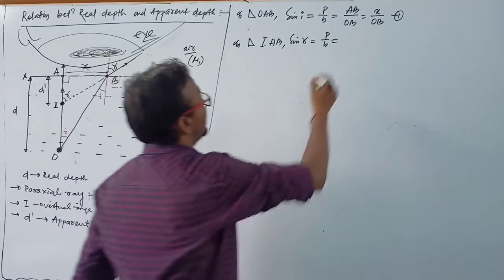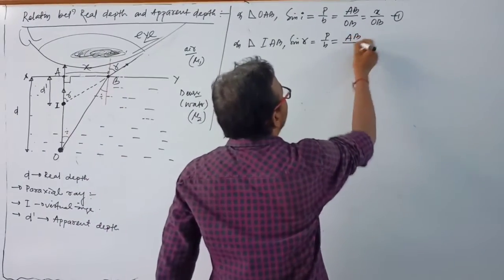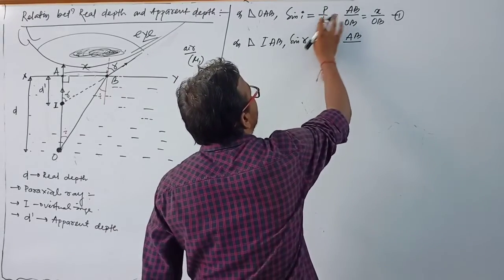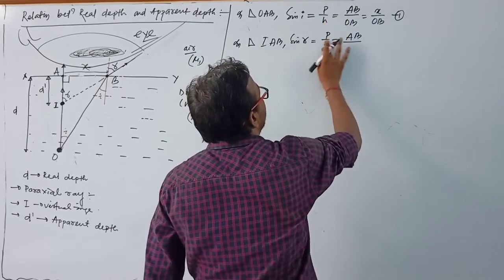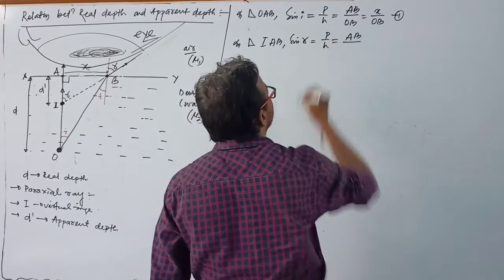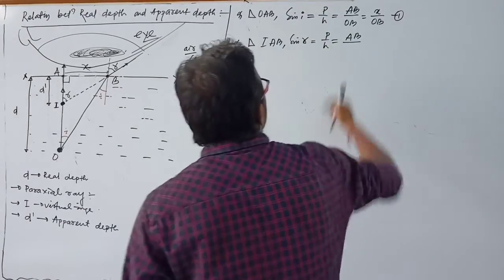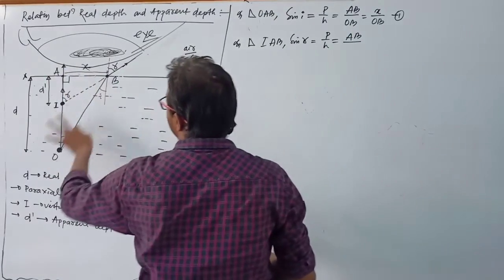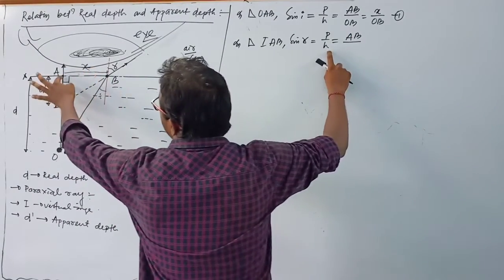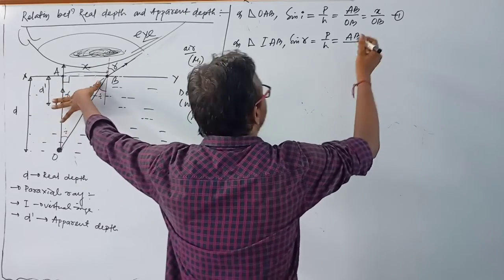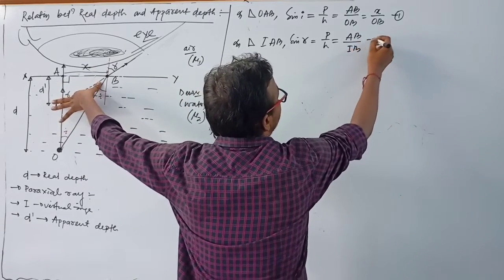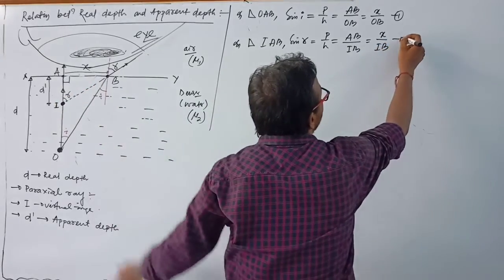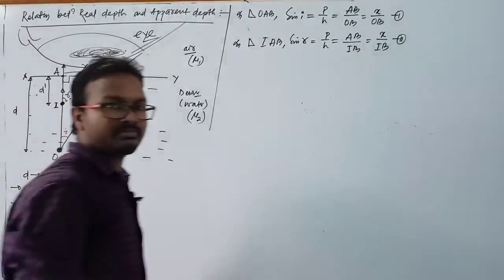So sine R equals AB divided by IB, and the value of AB is x, so sine R equals x by IB. This is equation number 2.